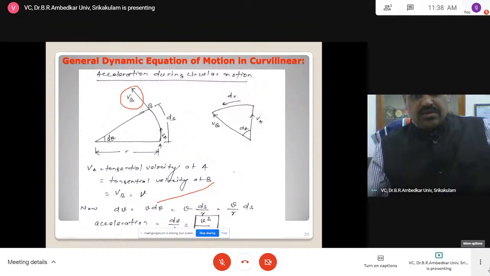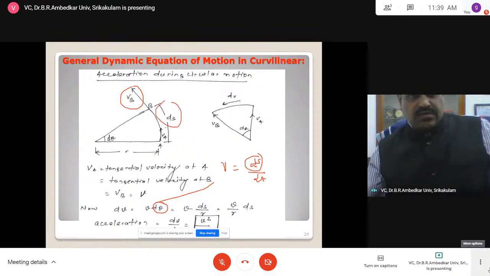This can be represented as dV is equal to V d theta. See, V is equal to ds by dt. This ds is r into d theta.